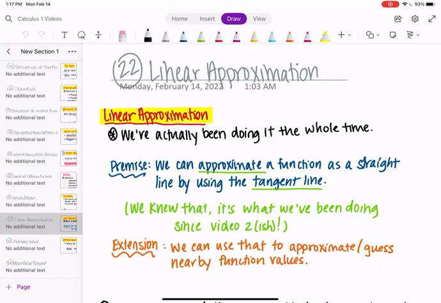So basically what we're going to do here is build off of that and say not only can we approximate that function, but because we can do that, we're also going to be able to make a guess about that function in terms of what it's doing at a different x value.